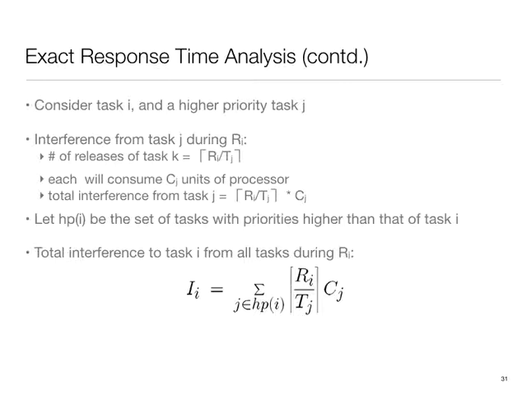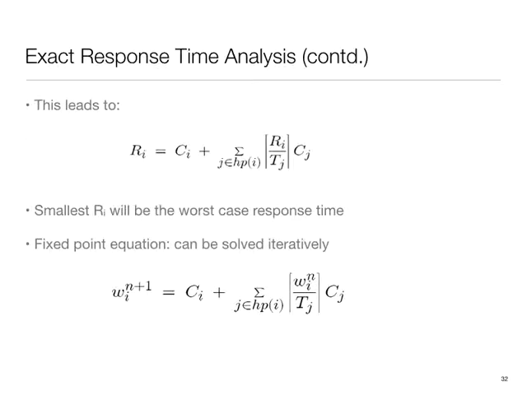Is this clear to everyone? We're just looking at all the high priority tasks, the interference they offer, and adding them up. That results in a simple recursive equation. Response time of the ith task is equal to computation time of the ith task plus the interference it will face, except interference is a function of R_i.